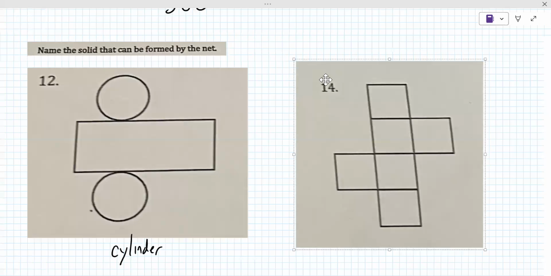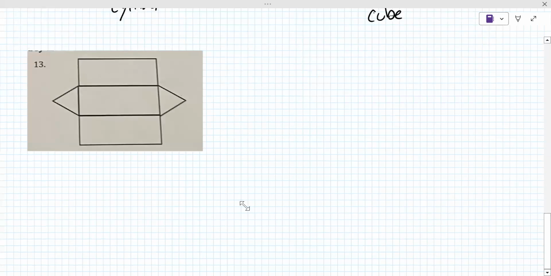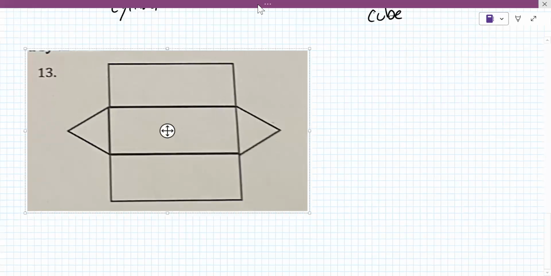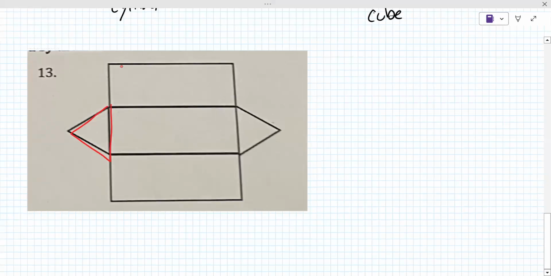And for number 13, look at the shape, there's a shape that should stand out. I know you see a triangle, but what's the other shape that you see? What shape is in red here?